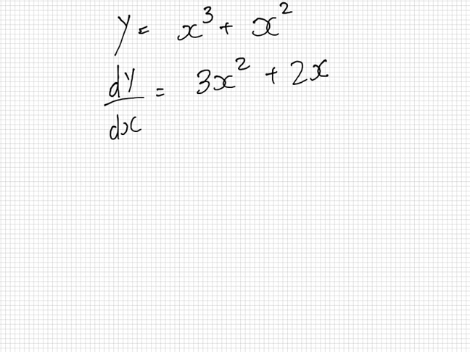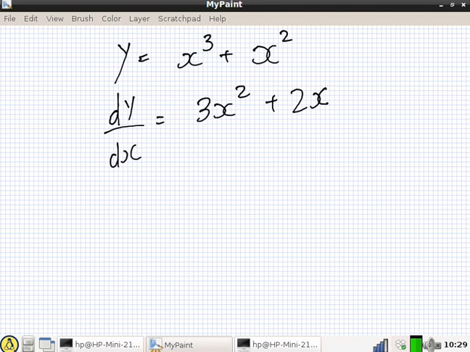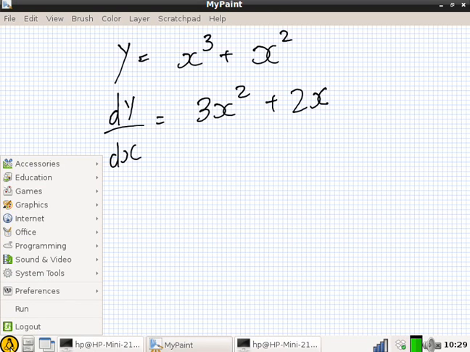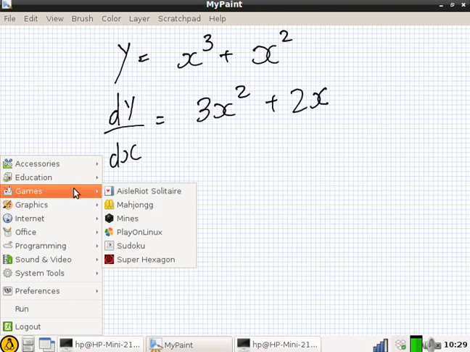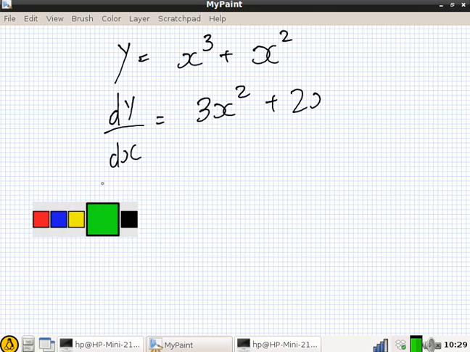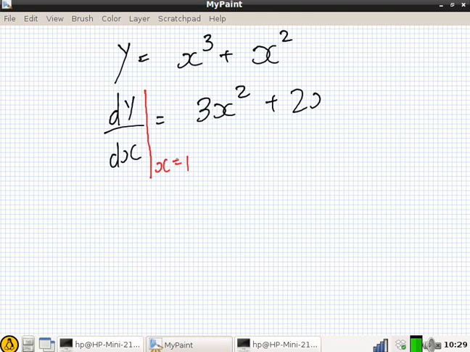I just used the table. So provided that you know how to read, you should have no problems with this question. Because you get this in the exam. The only difference in the exam is they would sometimes ask for a point as well. So in the question they might say something like, what is the slope of the tangent when x is 1? So here, what would be the answer?